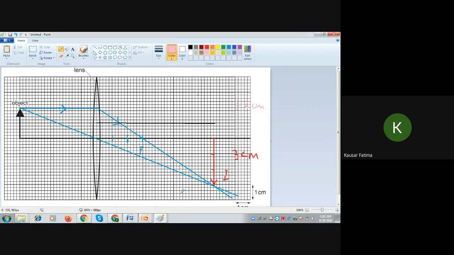For the magnification, image height over object height means 3 over 2, which is 1.5 times. It is bigger than the object.